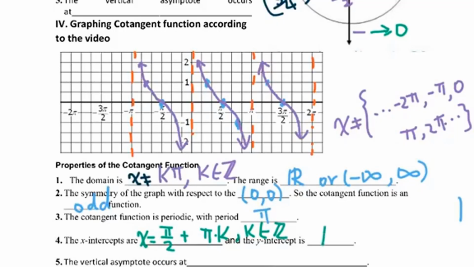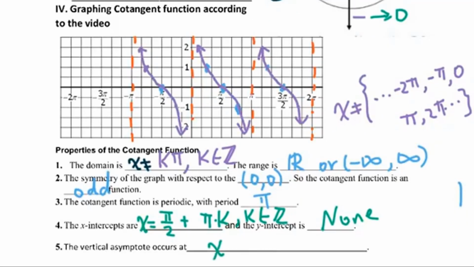So there's no y-intercept. The vertical asymptote lines occur at 0, pi, 2 pi, 3 pi, then negative pi, negative 2 pi, negative 3 pi. So basically I can write down x equals k pi, where k is an integer.